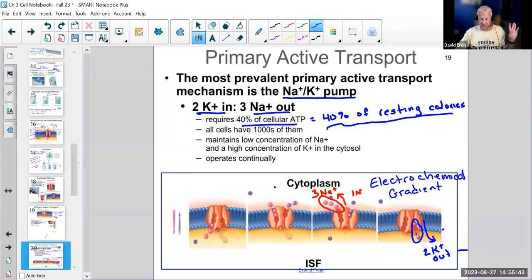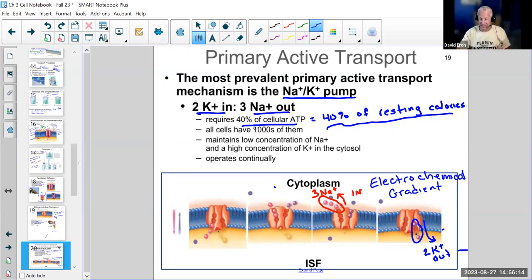The nice part of this is that they can pump things where they don't want to go. Once you've pumped 3 sodiums out, there's already more out there. And as long as the pumps keep running, that concentration difference just keeps getting bigger. There's more and more and more sodium out and more potassium in. And that creates this really lopsided condition of way out of balance concentration and way out of balance electrical charges. And that's what your nerves rely on.